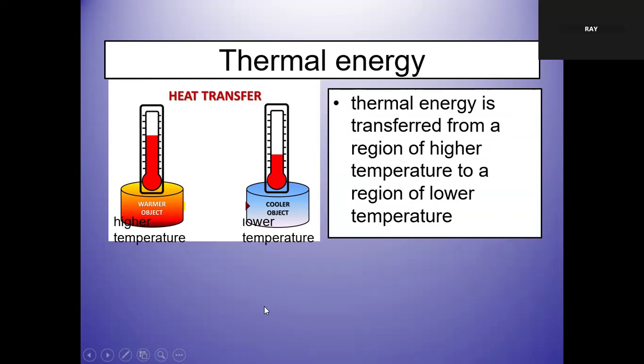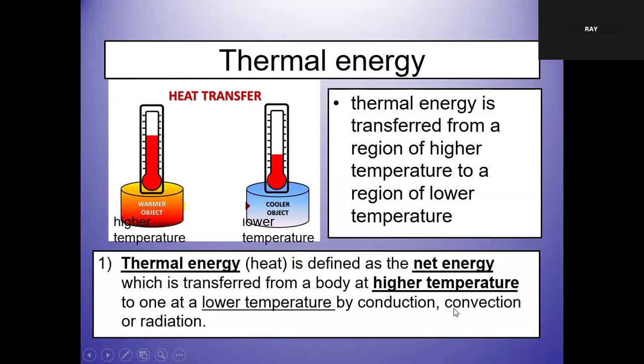Thermal energy is transferred from a region of higher temperature to a region of lower temperature. Both will give out energy because they have a temperature, but the net flow of thermal energy will be from the warmer one to the cooler one. Thermal energy is defined as the net energy which is transferred from a body at higher temperature to one at lower temperature by conduction, convection, and radiation. Memorize.